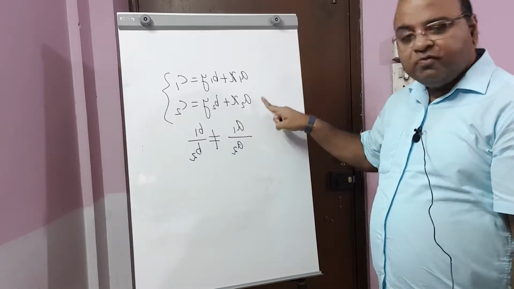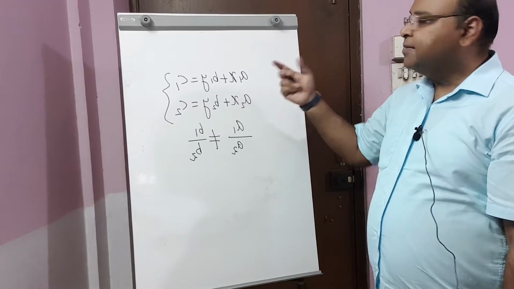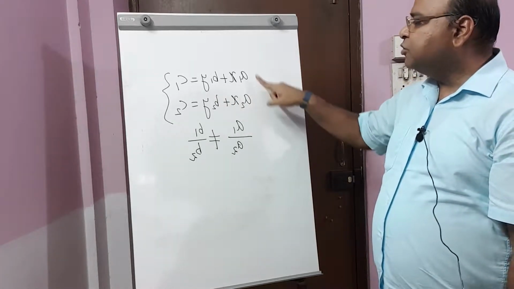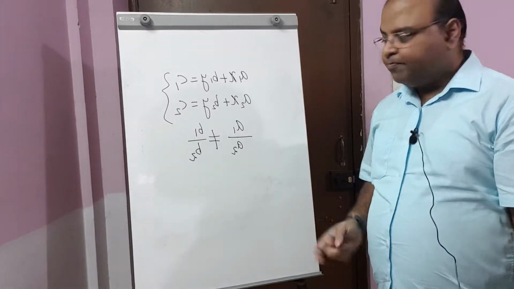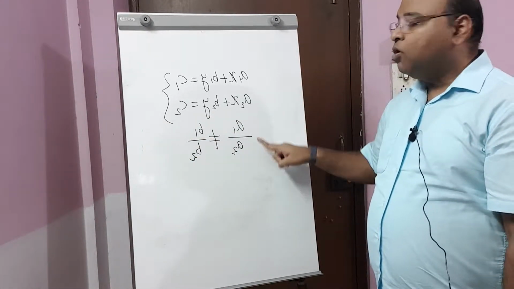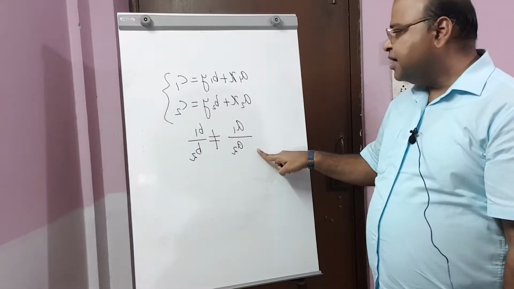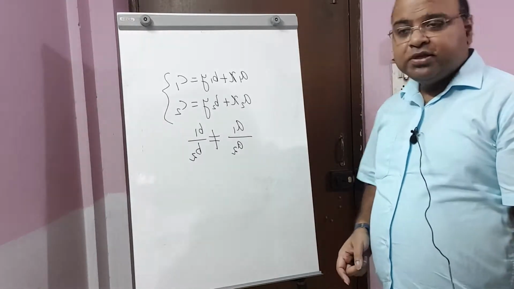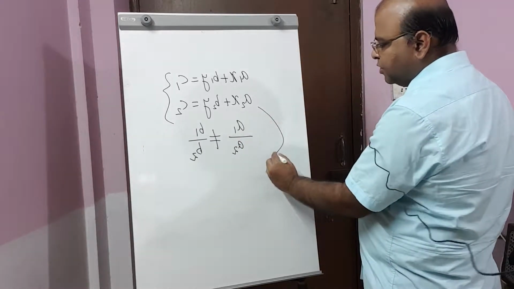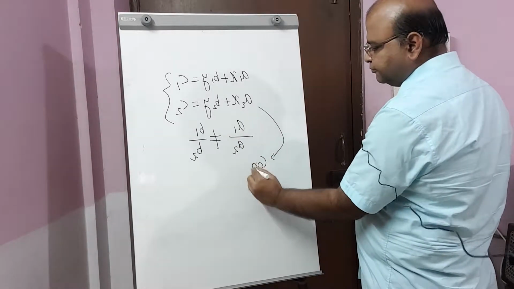That means we can always find a solution, that is, a pair of values of x and y which will satisfy both equations simultaneously. So this is the condition for which the system shall always be consistent and it will also possess a unique solution.